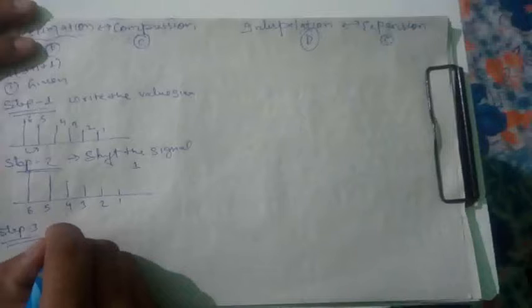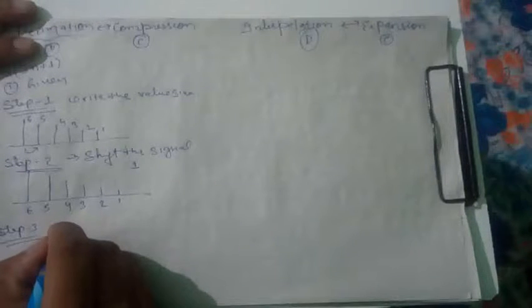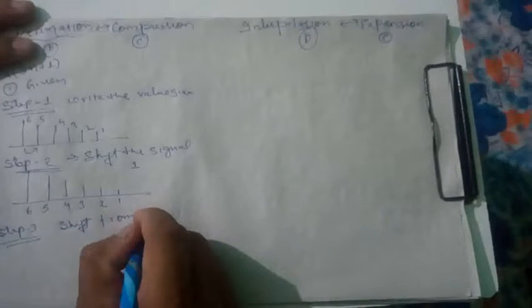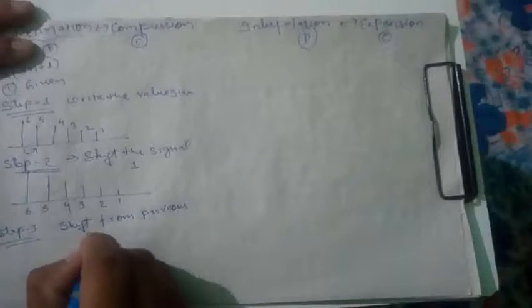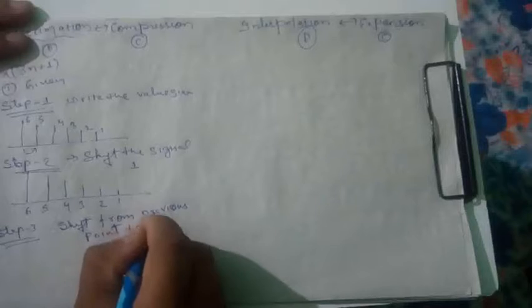Now step 3. Now see the destination value. Shift from the previous point to the scale interval.